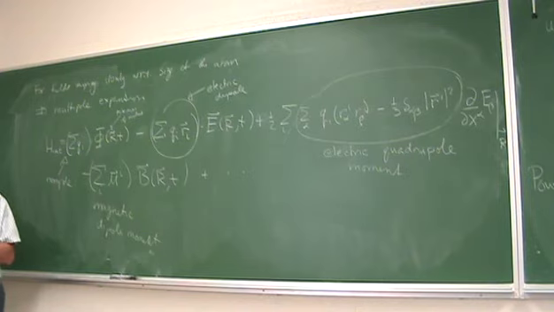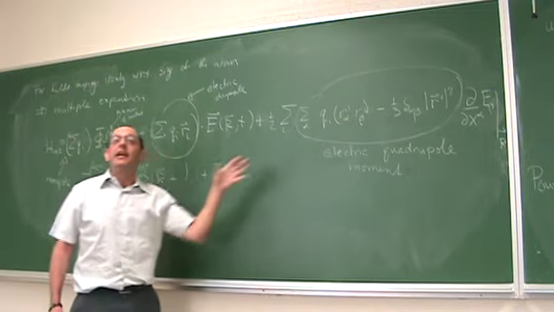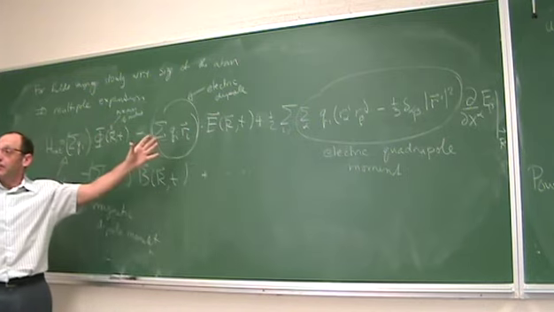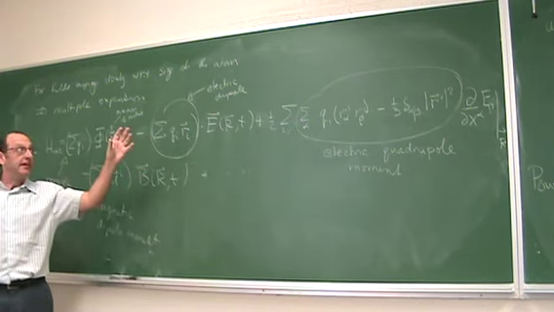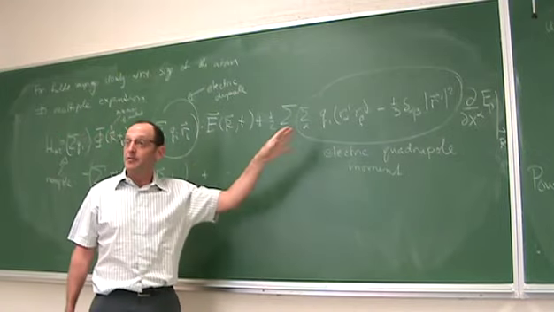Okay. So just to conclude, the point of this, as we see, is that the different moments of the distribution interact with the fields. And the strength of the interaction will depend on the strength of these different terms.